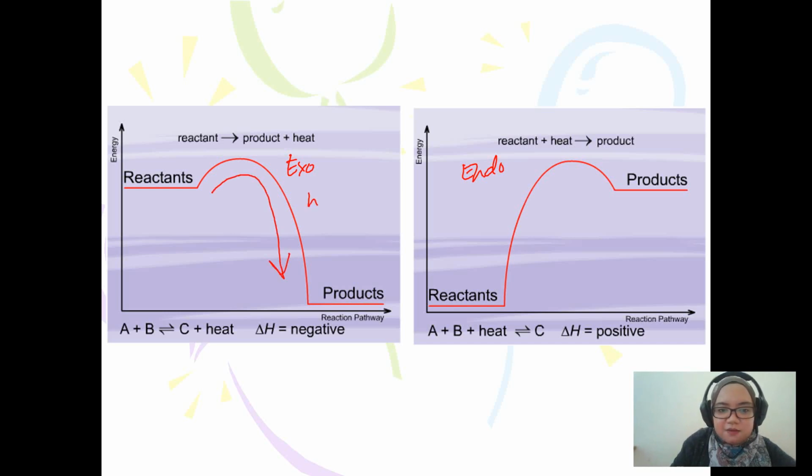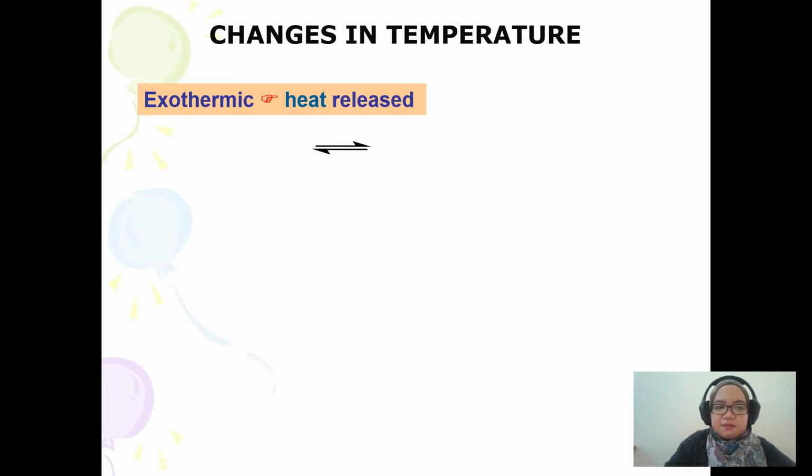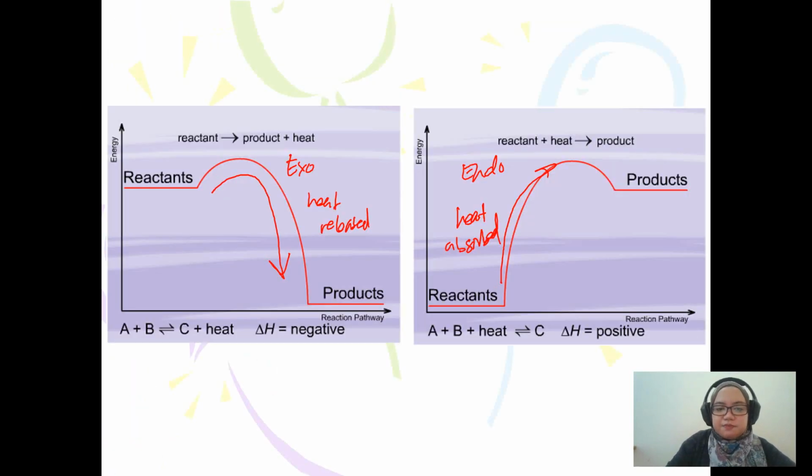Kalau kita absorb heat, energi dia bertambah. Sebab apa? Heat absorb. Okay? Alright. So, lupa nak cakap. Kalau exothermic, delta H dia negative value. Kalau endothermic, delta H dia positive value.